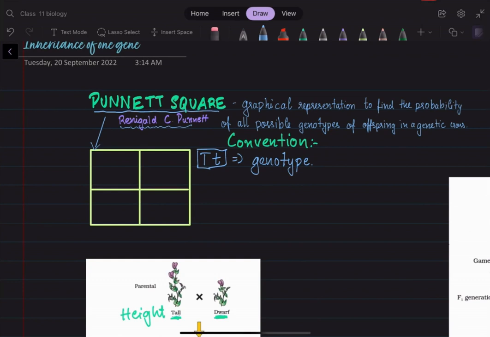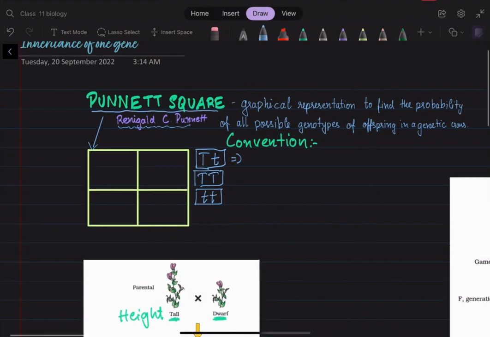Now, coming to the other genotypes that we may see, we can see the same type of alleles too. Both can be dominant, or both can be recessive. All these are genotypes, and these genotypes have different terminologies.